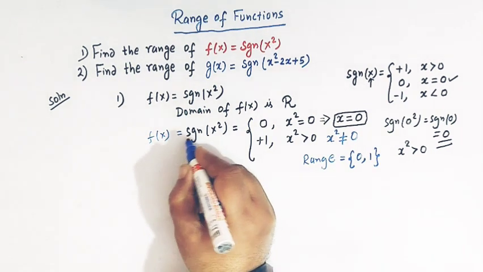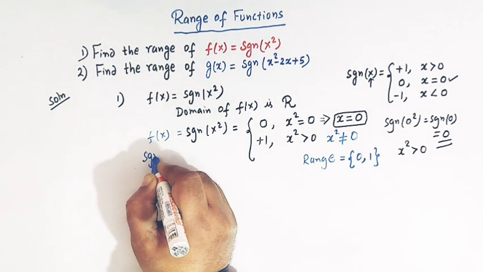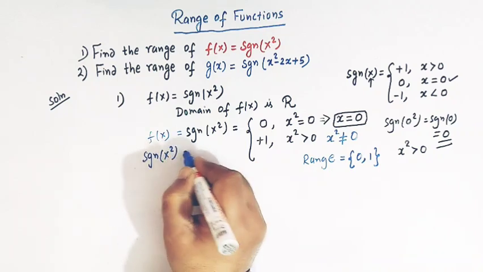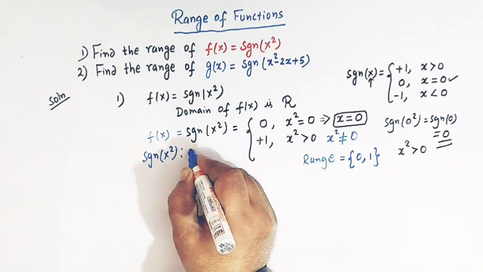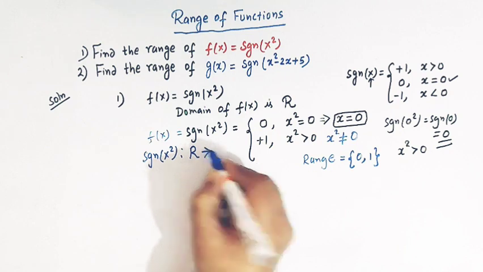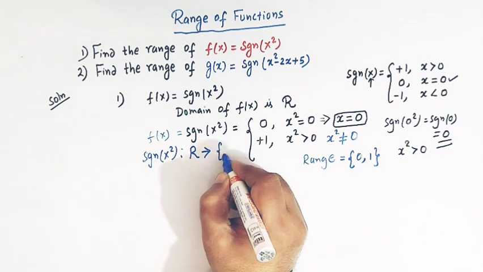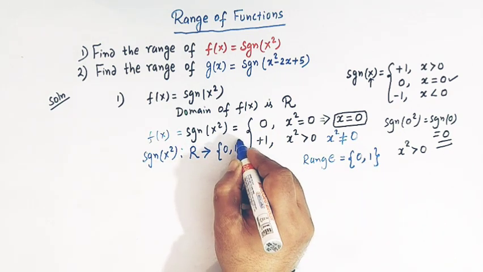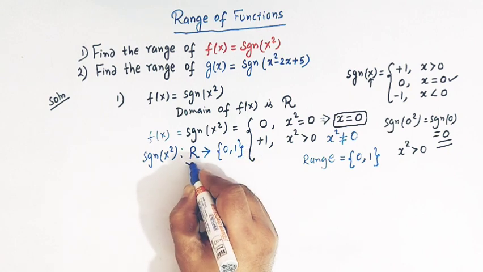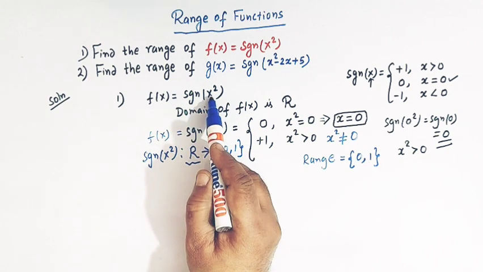Now we can define this function, signum of x square, from the set of real numbers to this set, that is {0, 1}.